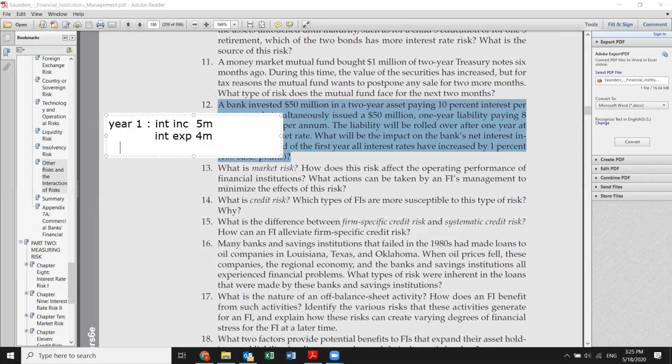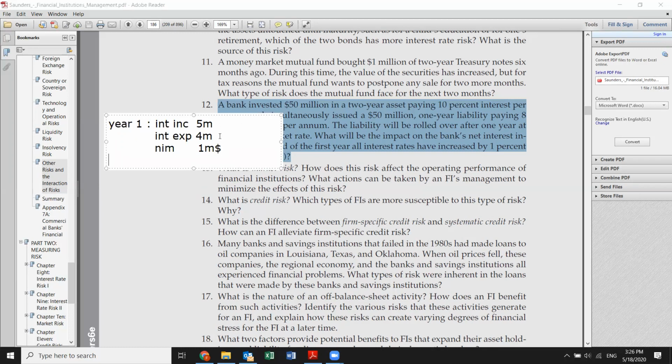And our net interest income or net interest margin will be equal to 5 minus 4, which is 1 million. It's just straightforward, you know how to calculate.